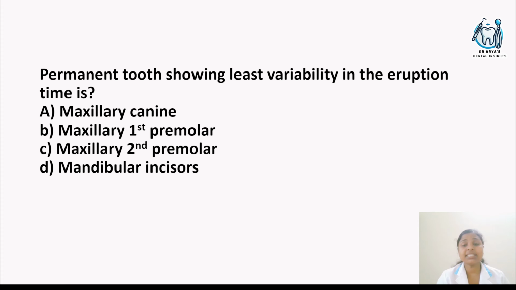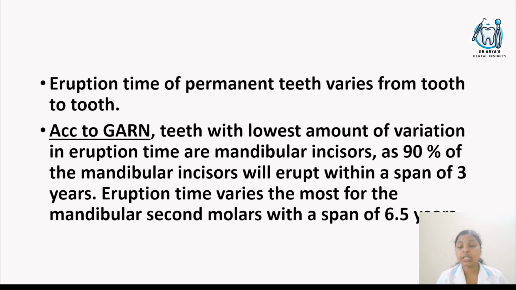Which permanent tooth shows the least variability in the eruption time: maxillary canine, first premolar, second premolar, or mandibular incisors? So coming to the discussion part, eruption time of permanent teeth varies from tooth to tooth.